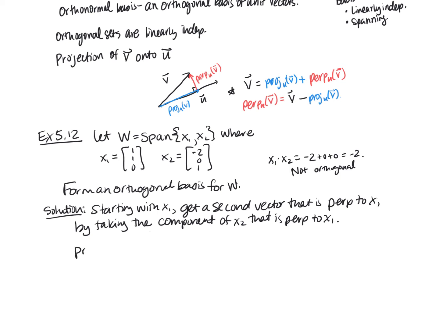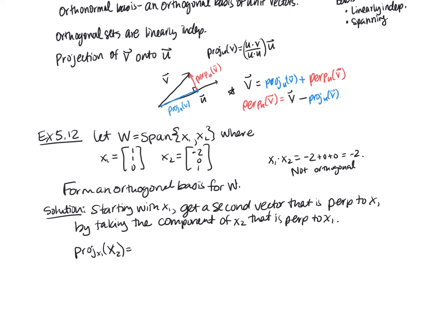So the projection onto x1 of the vector x2 is going to be equal to, oh, I didn't write it down up here. Let me write it down here. It's u dot v over u dot u, and that's all going to make a constant.